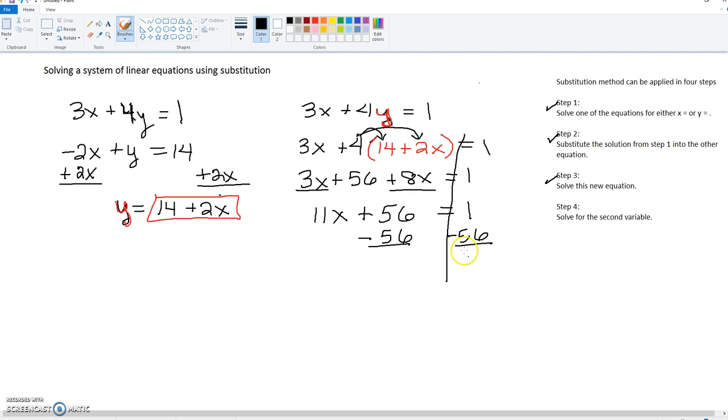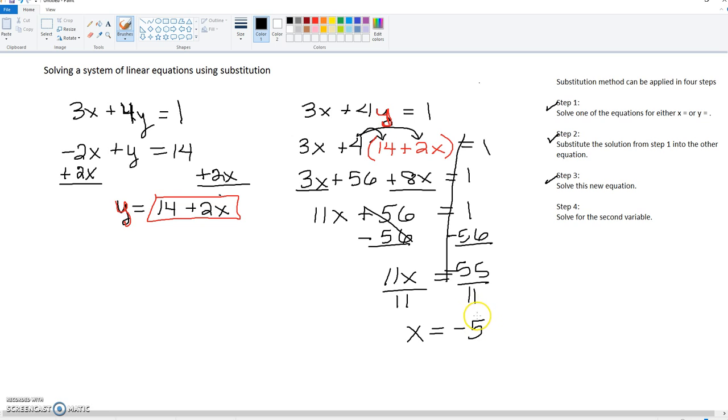So now we've got 1 minus 56, which gives us -55. And we're bringing down our 11x. Divide by 11 on both sides. So x equals -5.